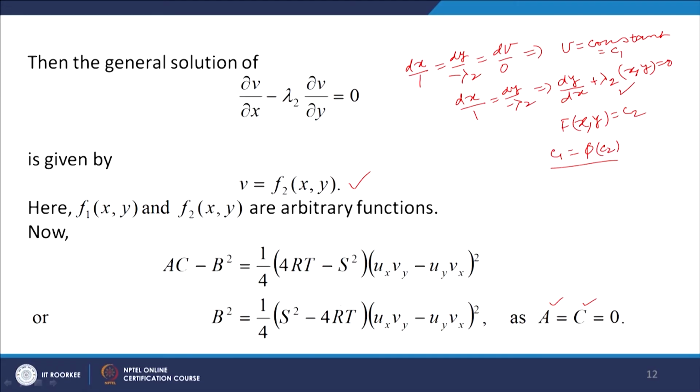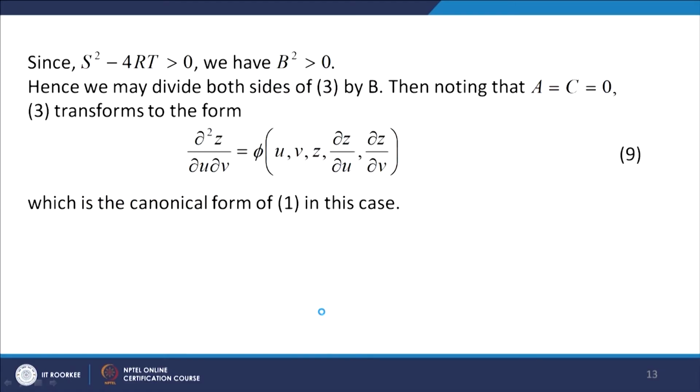And s square is greater than 4 RT, so s square minus 4 RT is positive. So, positive into this non-negative quantity makes it this one. Since s square minus 4 RT is greater than 0, we have b square greater than 0.